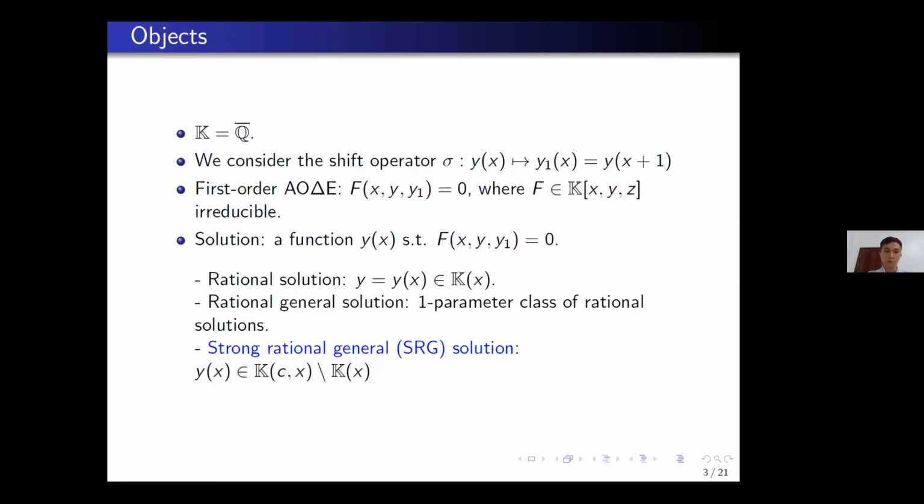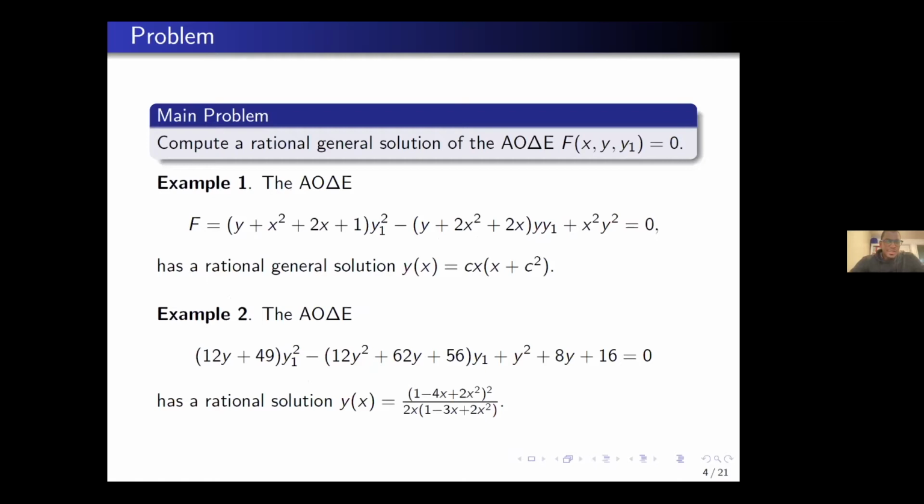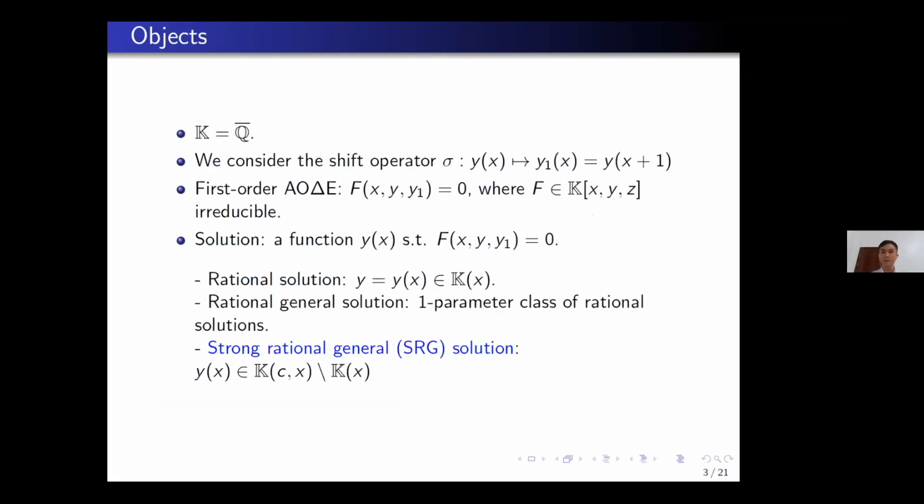They are solutions of the form y(x, C), which may contain an unknown constant C, and y(x, C) itself is a rational function in both the variable x and the constant C. That is a strong rational general solution. C here is a transcendental constant, and it is not in K.